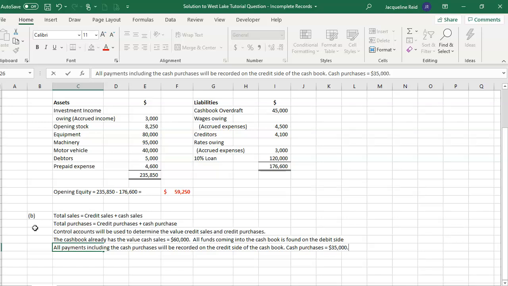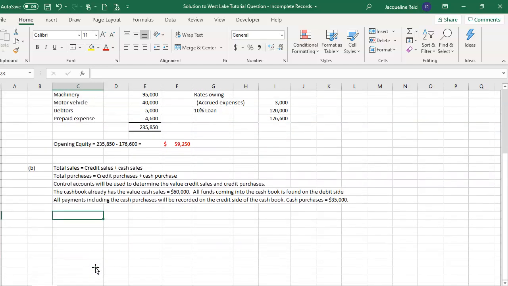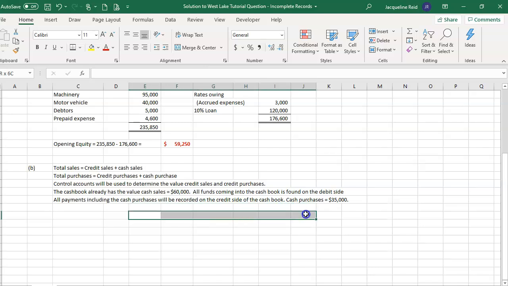So now we need to focus on the credit sales and the credit purchases. When we find those two, then we're going to add them to come up with the total sales and the total purchases. So it means we're going to have to draft a T account. Let me quickly do one.